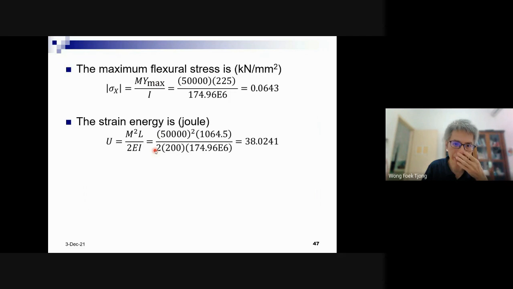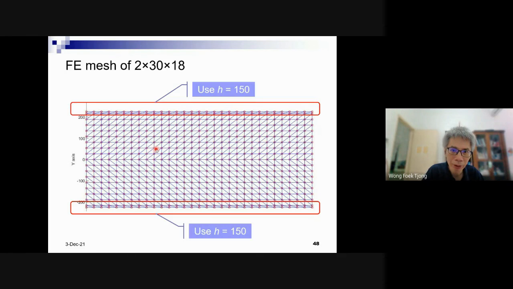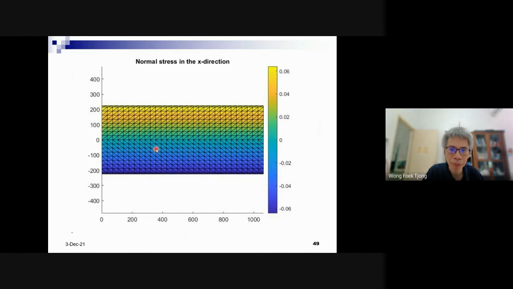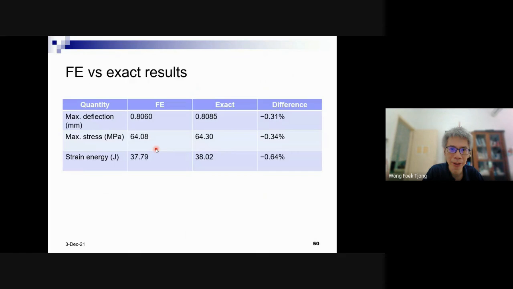Stress, strain energy, we can calculate using the same formula as before. This is the mesh, and this is the result, the stress in sigma x direction. Okay, sigma x. And then this is the comparison.